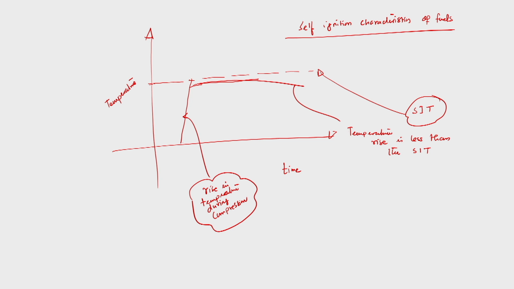Now if I increase the temperature above the self ignition temperature, we can see that immediately after the temperature reaches just above the self ignition temperature, combustion may not take place, because the entire combustion requires a finite amount of time for completion.